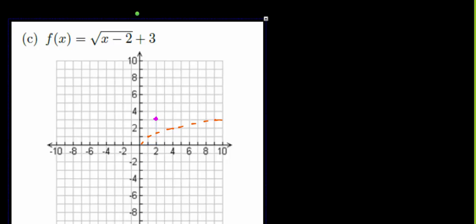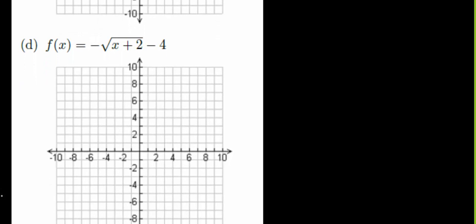And then we just try to do a little sketch. I guess it's gonna be something like that. Yeah, there you go. Something like that. Okay. Not a very good drawer, but everybody sees the idea, right? Okay. To the right 2 and up 3.